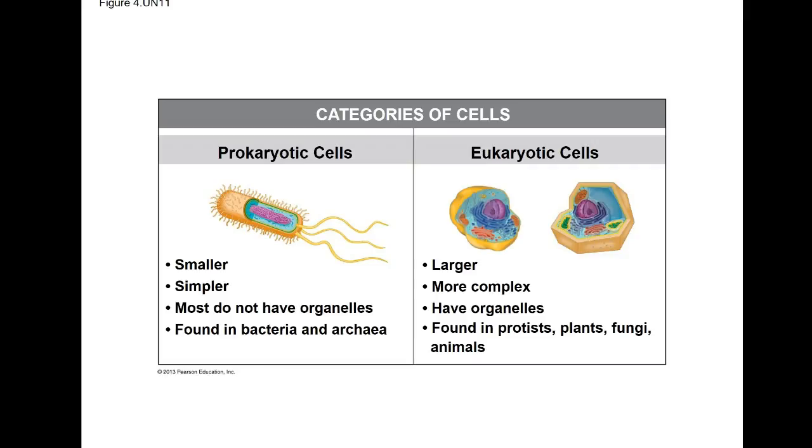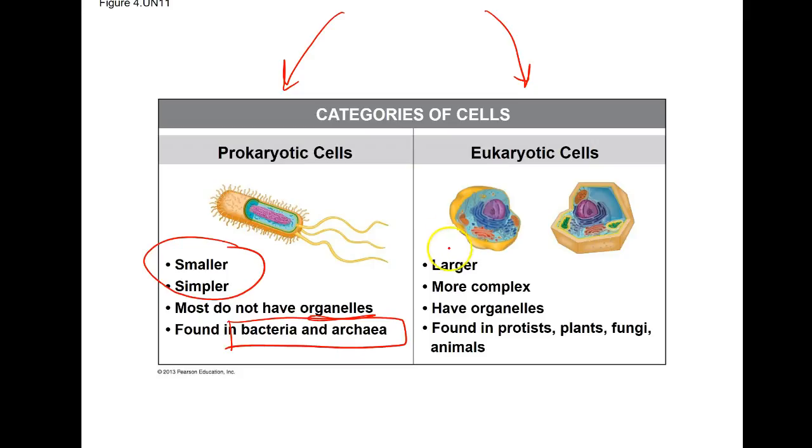All right, let's review for a second in our last minute of the video. At the beginning of the unit, we talked about prokaryotic versus eukaryotic, right? Prokaryotic, smaller, simpler, do not have organelles, are found in these big domains, bacteria and archaea.